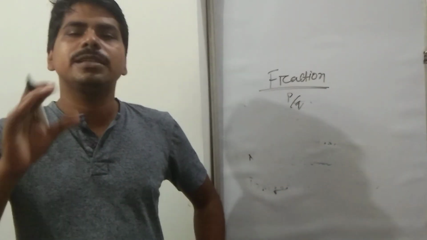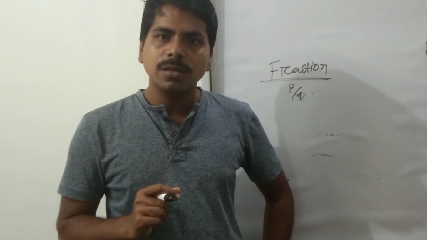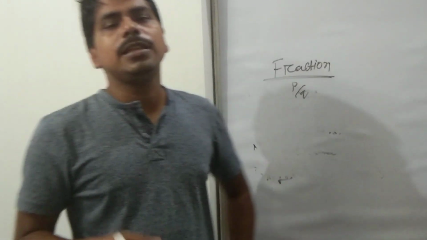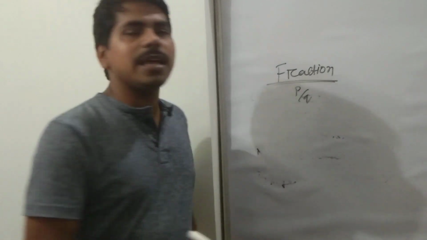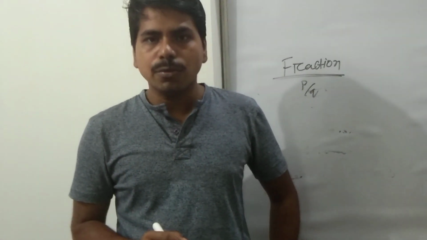The actual definition of the fraction is a part of a whole. But generally we know that fractions are represented in the form of p by q, where q is not equal to 0.